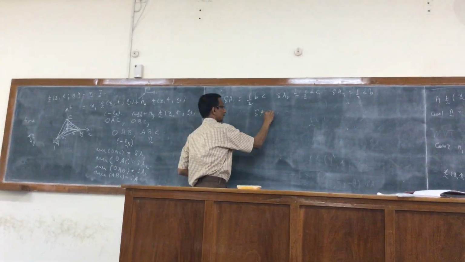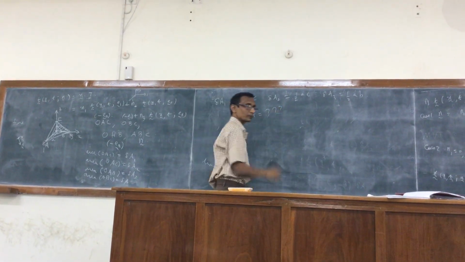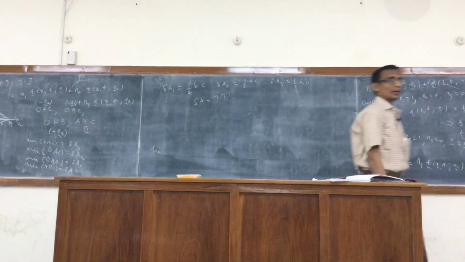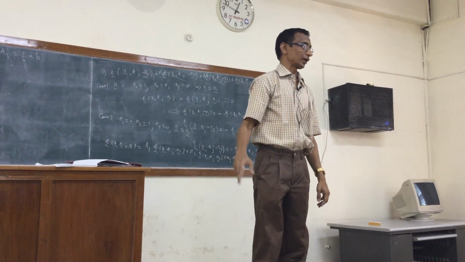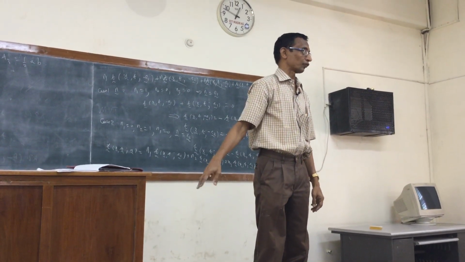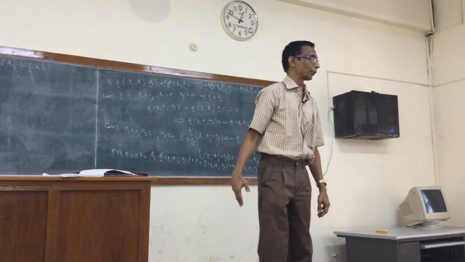What is delta A equal to? I am not going to do that. You should know how to find the area of a triangle. Three sides are known of ABC. You should somehow be able to get it.